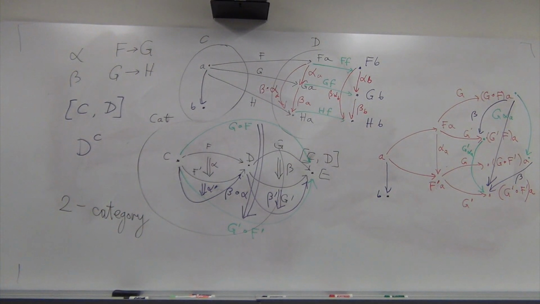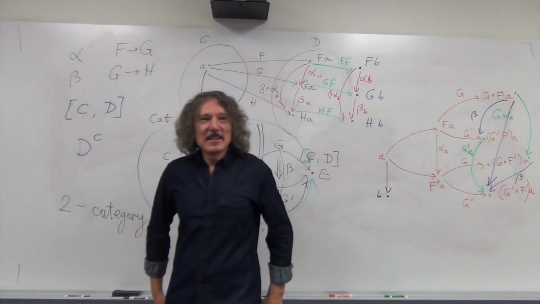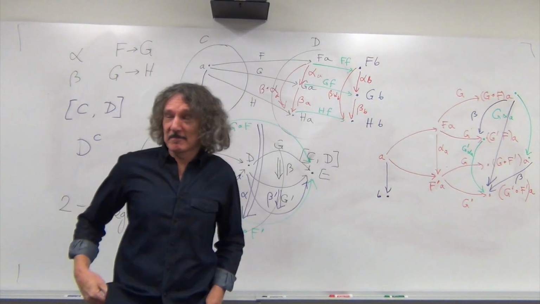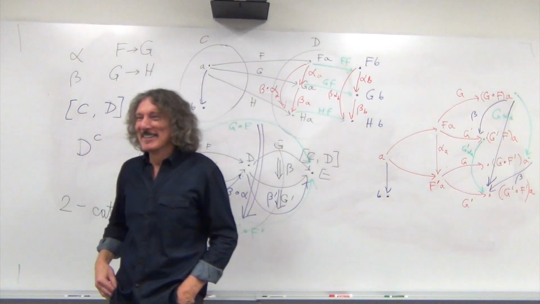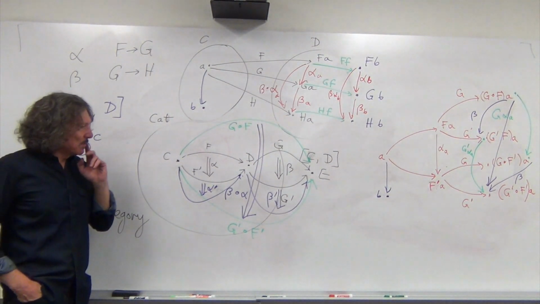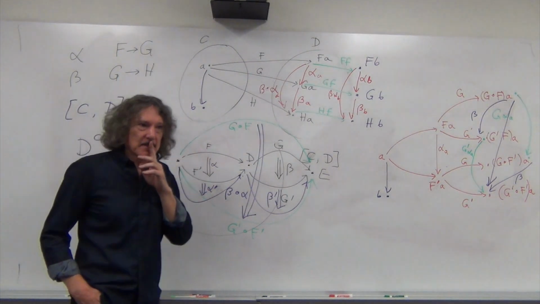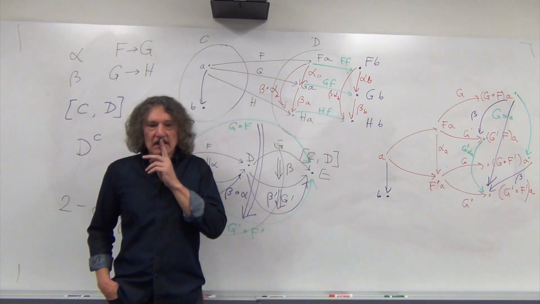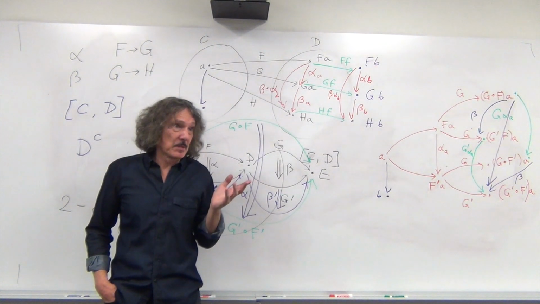Okay. Is this complicated enough? Or no, right? Because the next thing to do, and this will not be on the test, so don't worry, is this interesting thought that if you have morphisms between morphisms, then you can also have isomorphisms between morphisms, right?